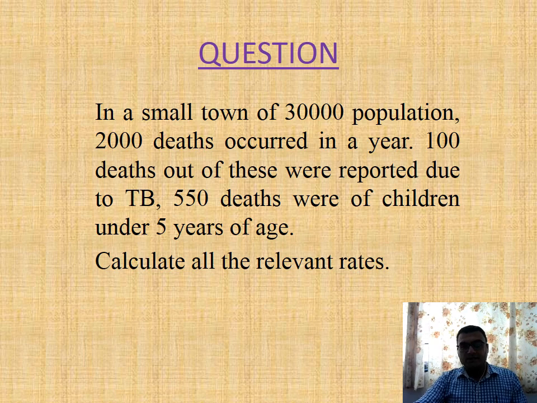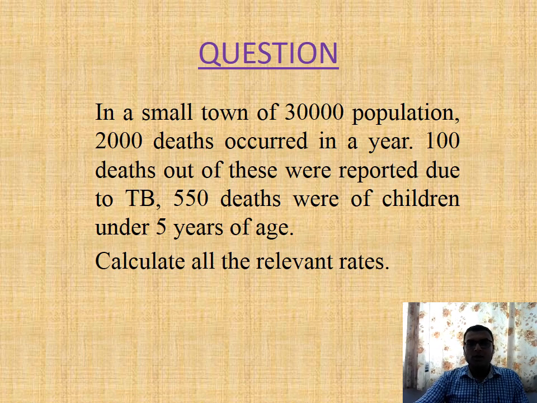In this presentation I have given different scenarios. We are going to see one scenario and the rest are for your homework. The first scenario is a small town with a population of 30,000. 2,000 deaths occur in a year. 100 of these deaths were reported due to tuberculosis. 550 deaths were of children under 5 years.